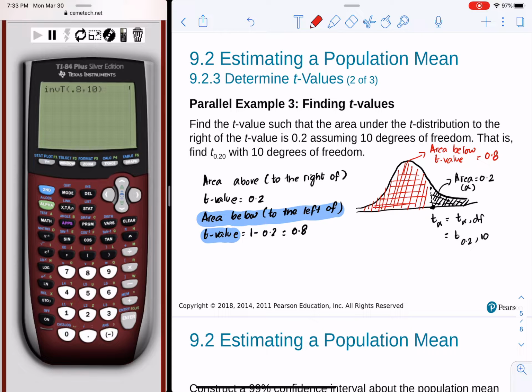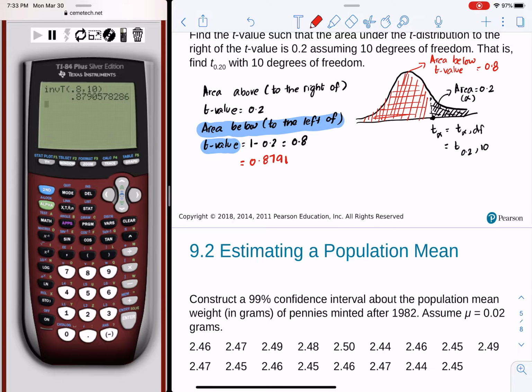So that gives us an answer of 0.8791 approximately. So how did we get that?